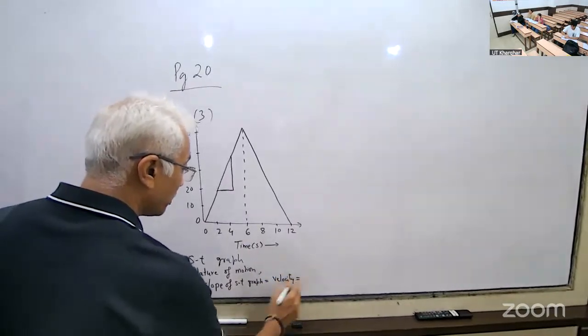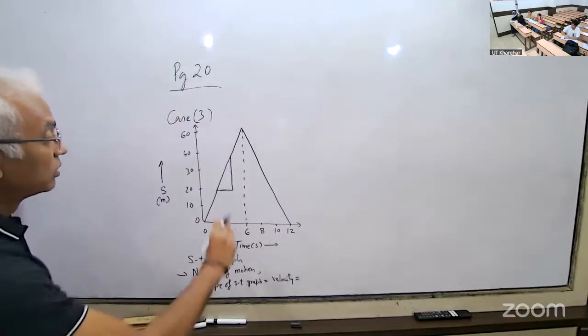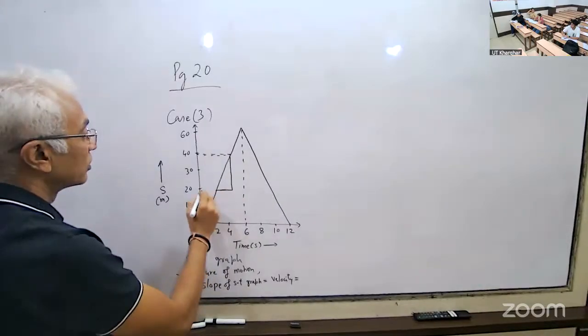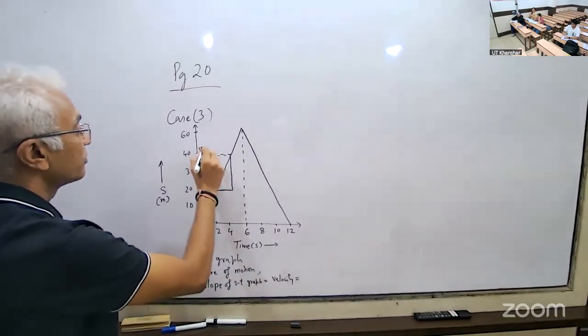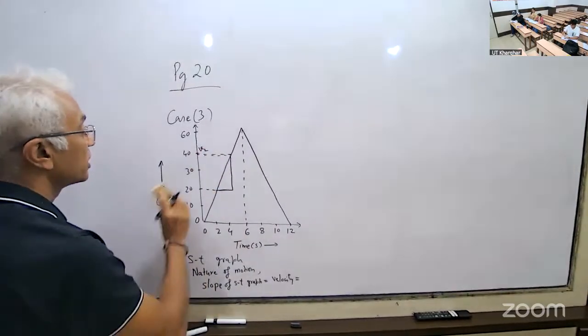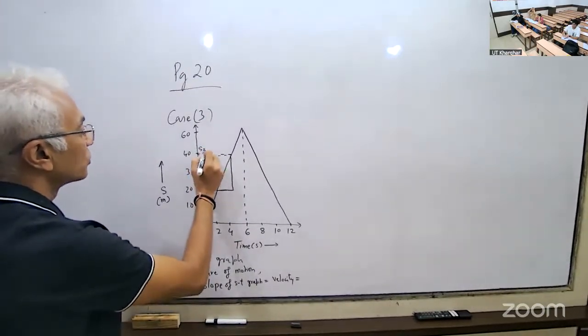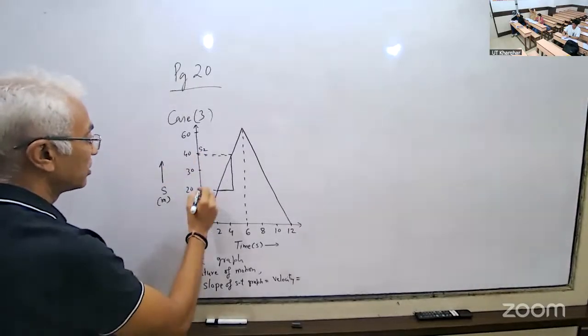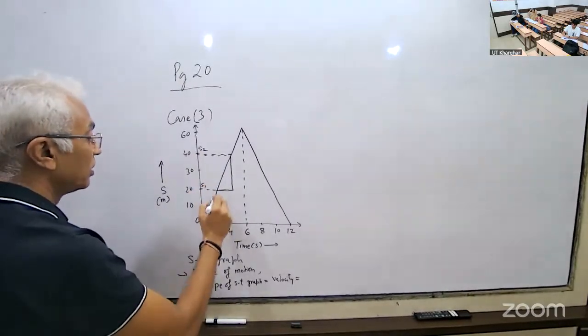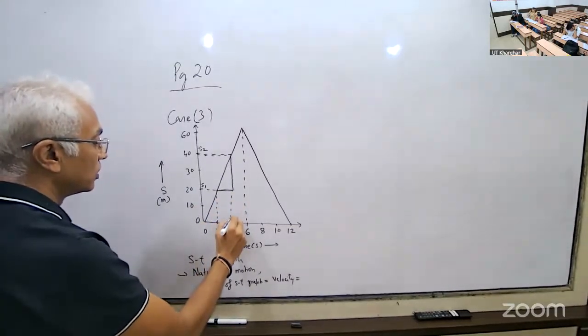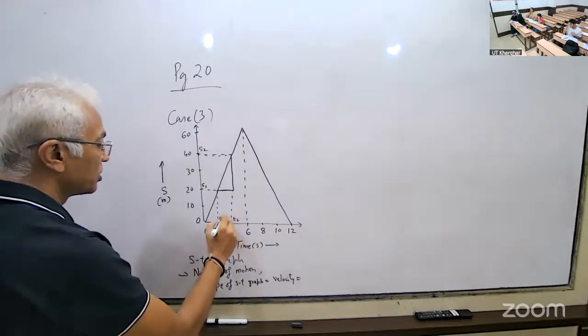And how do you calculate the slope? This point is 40, this is 20. This is S2, the final displacement, and this is S1, the initial displacement. The corresponding time here is T2, the final time, and this is T1.